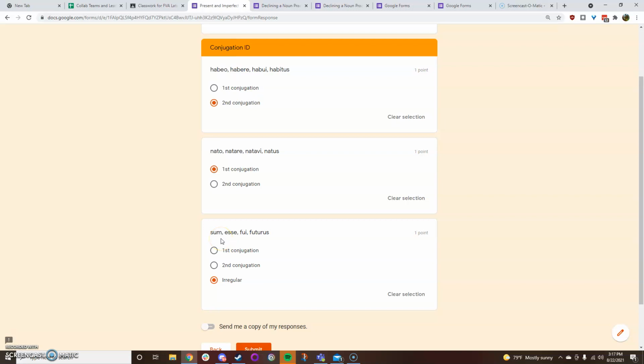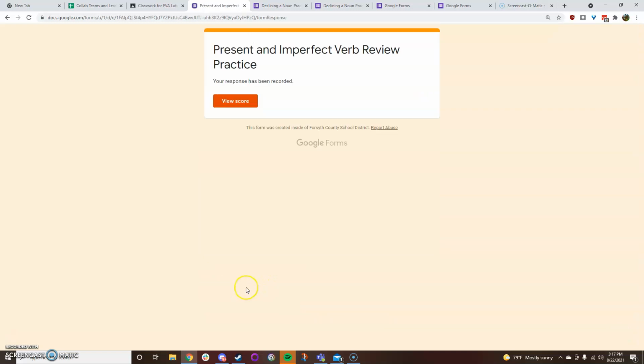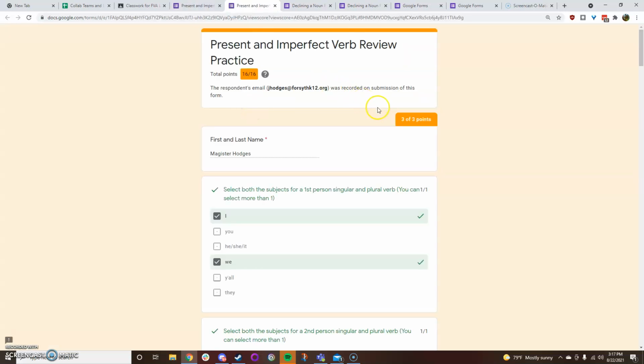Notice how it just changes a lot, not just in the ending, but in the beginning as well. That's characteristic of irregular verbs. There are more important ones as well that we're going to learn. I'm just using this as the most common example. And the only way to really know those is just to study them, and we'll talk about them a lot more later. So, submission, score, perfection.